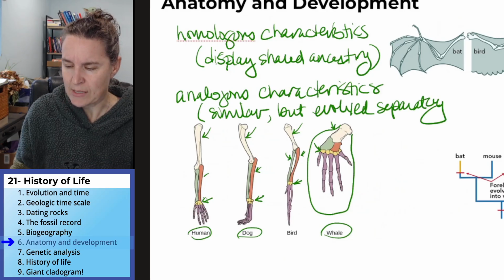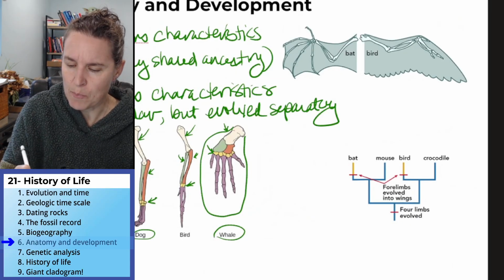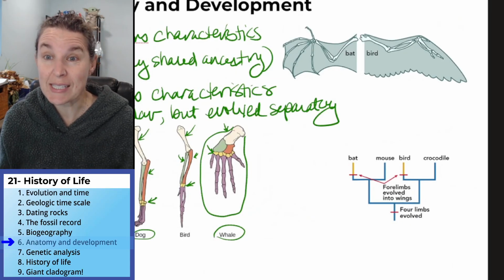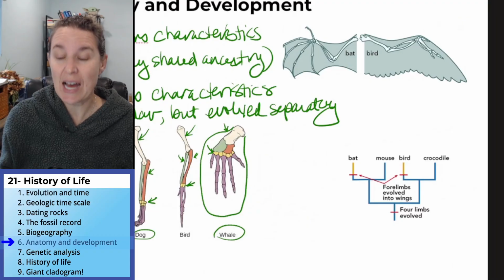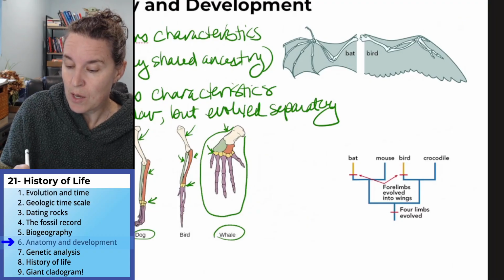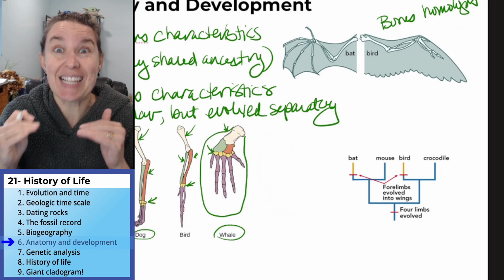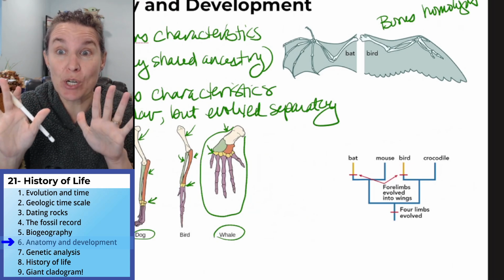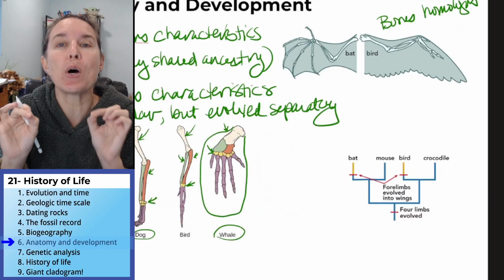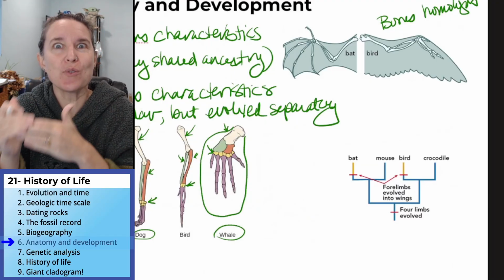We've got wings up here. We've got bird wings and bat wings, and you can see the underlying bones. The underlying bones are homologous. Like the ancestor of bats and birds had that bony structure, which is how you know that is a homologous trait.